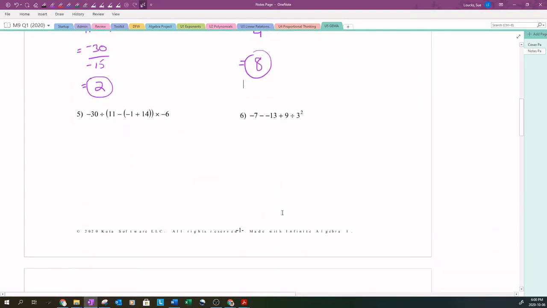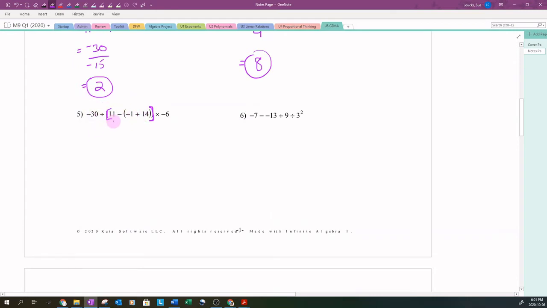Okay, question 5. There are nested brackets here. Nested brackets are not anything to panic about. You just start with the inside ones and work your way out. So sometimes it's helpful to change some of them to square brackets so that you can see which bracket matches which bracket. And we usually have the rounded ones inside and the square ones outside.